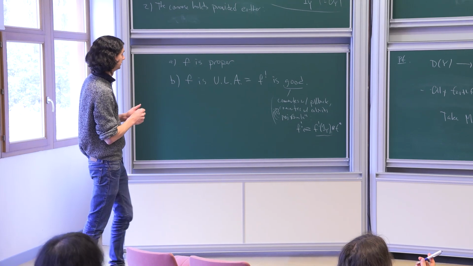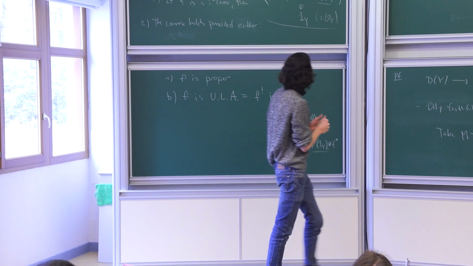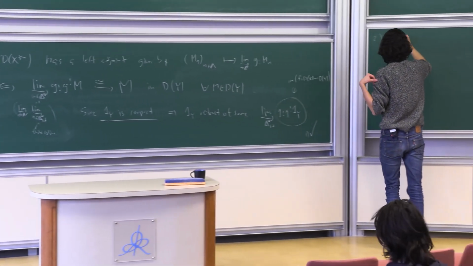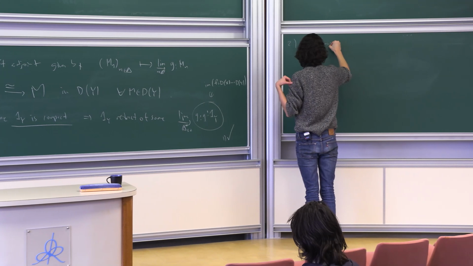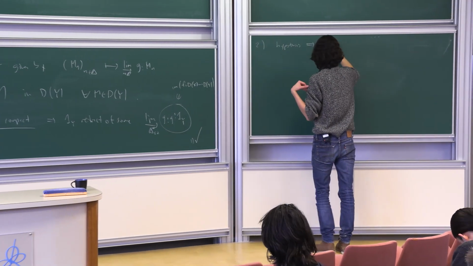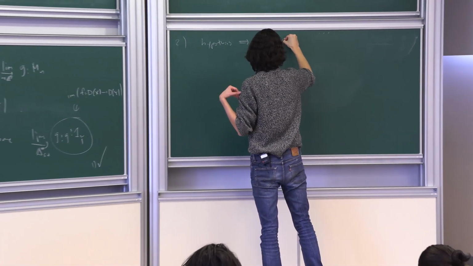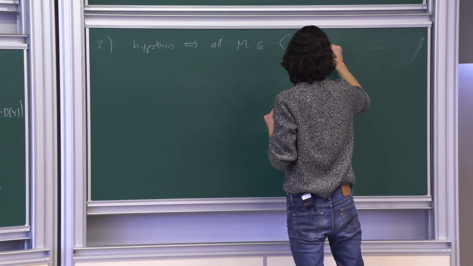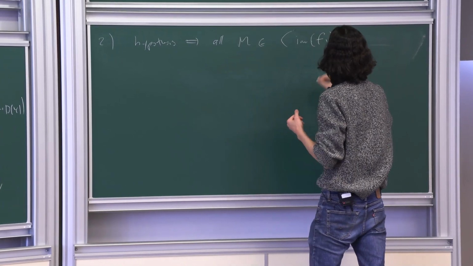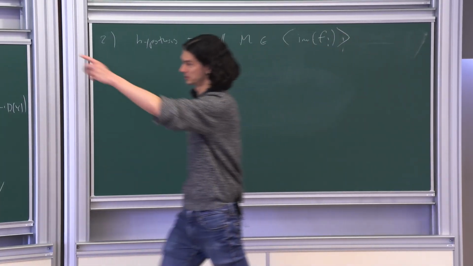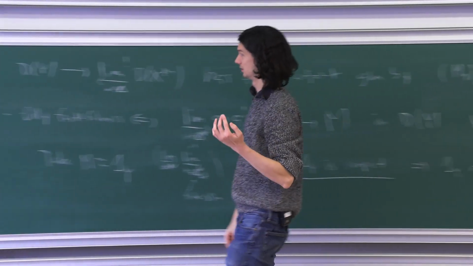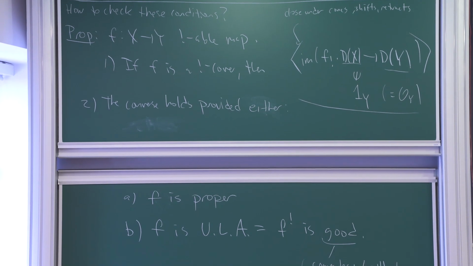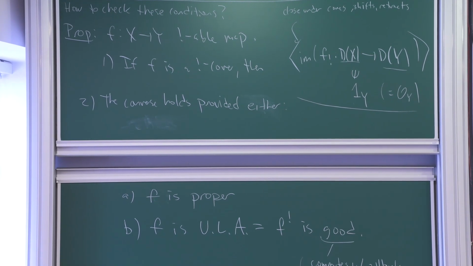well, for part 2, you can note that the hypothesis implies that every m is generated by things in the image of f lower shriek. Because we have the projection formula for lower shriek, so you can just tensor this statement with m, and you'll get the desired statement for arbitrary m.